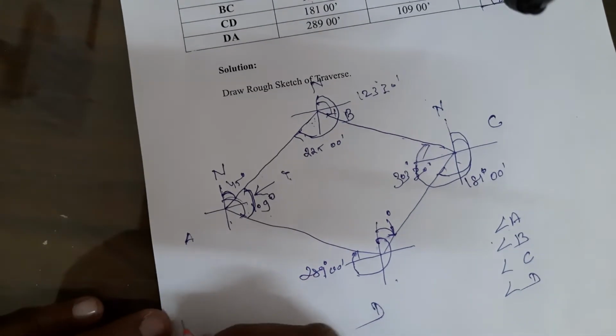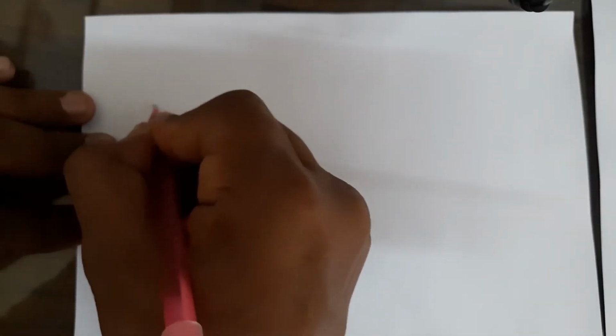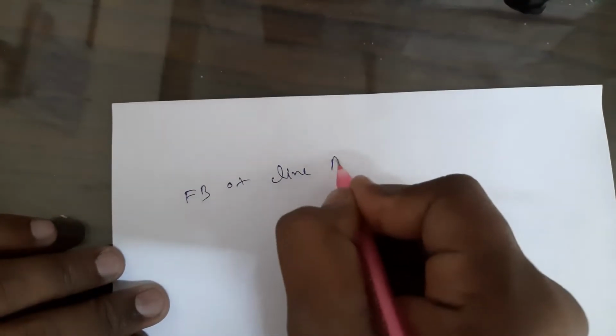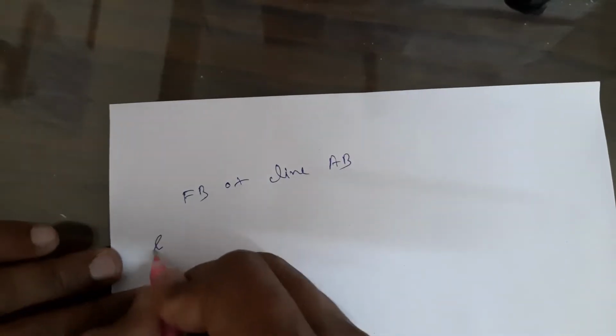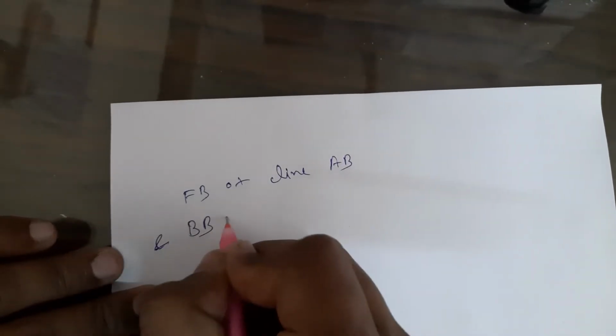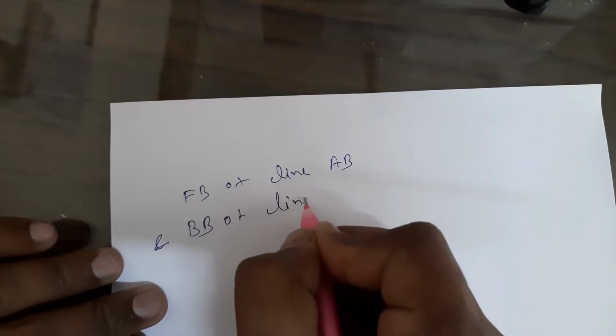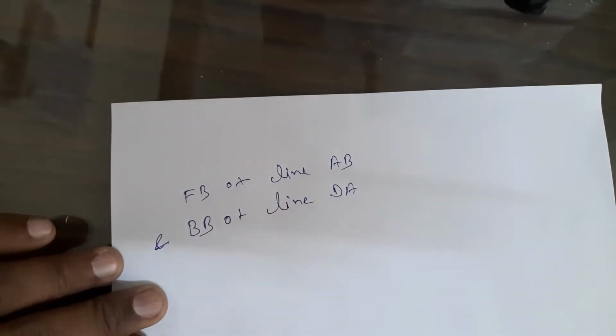Okay, so we have the forebearing of line AB and the back bearing of line DA.